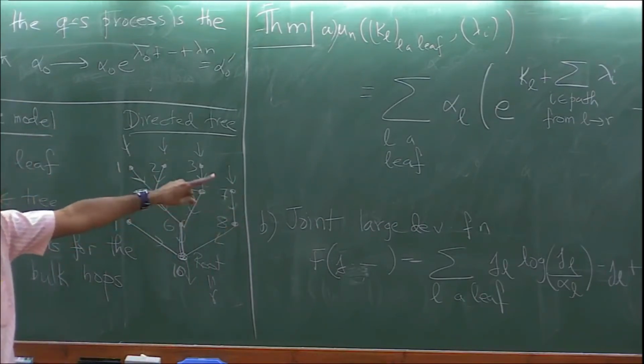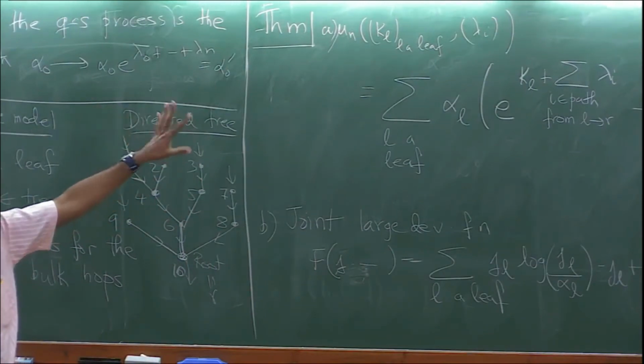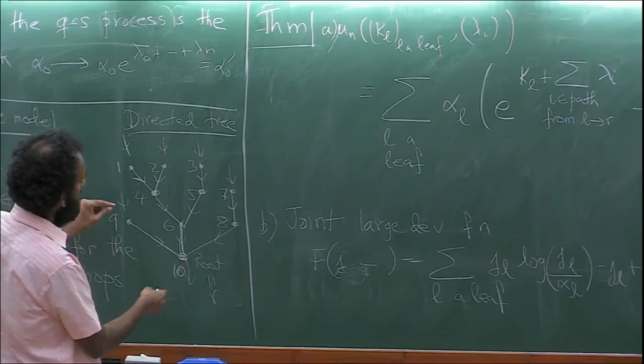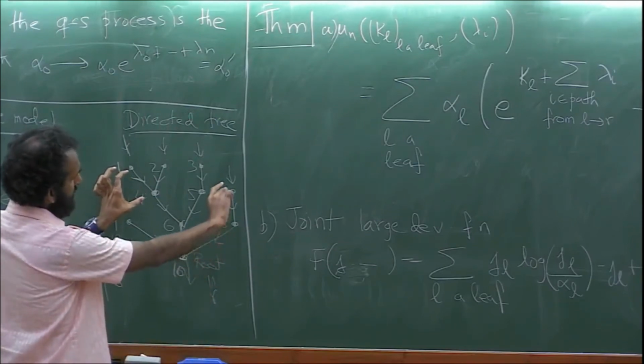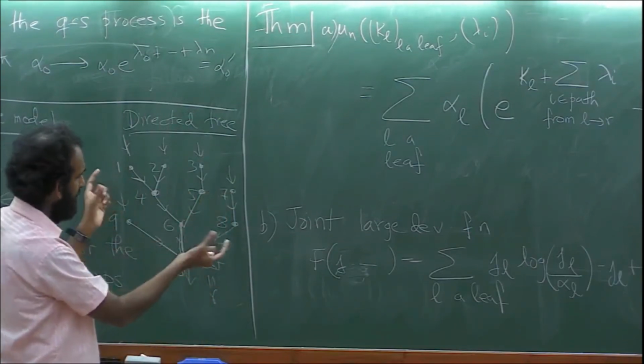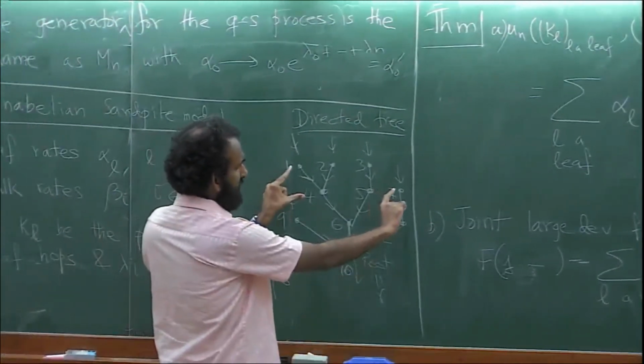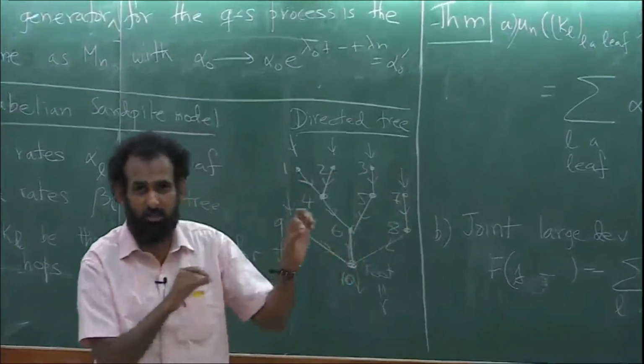Of course, product measure is the stationary measure also for this process, which I should have said. So here you can try to see correlations across currents for different branches. Well, there aren't any in steady state.